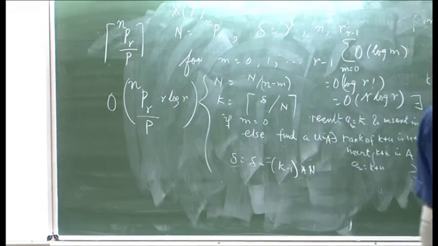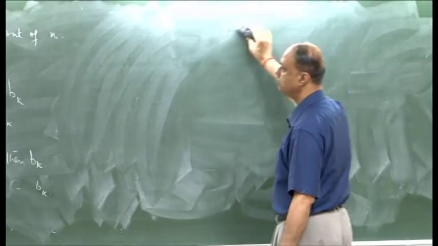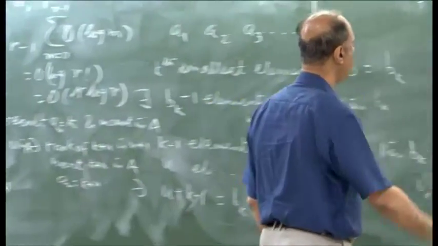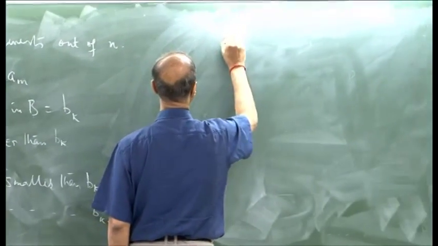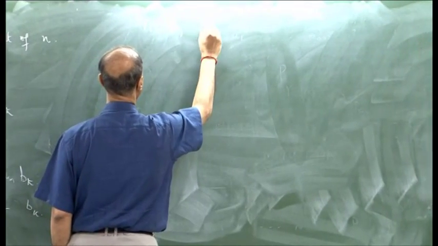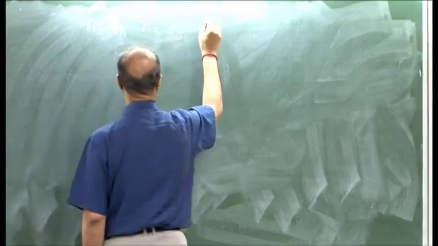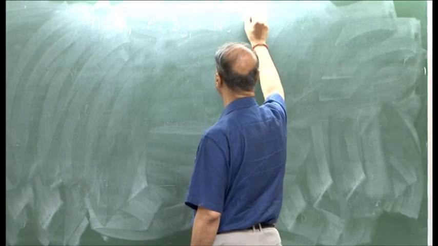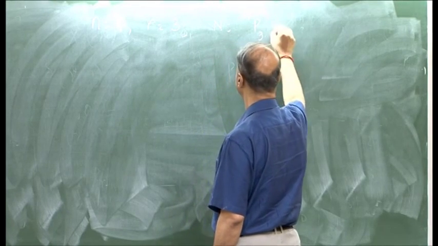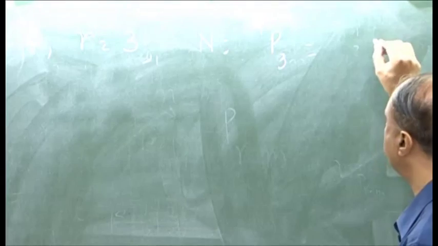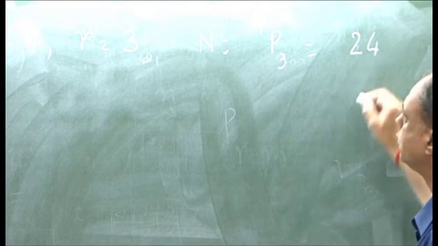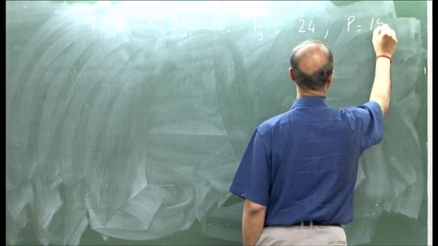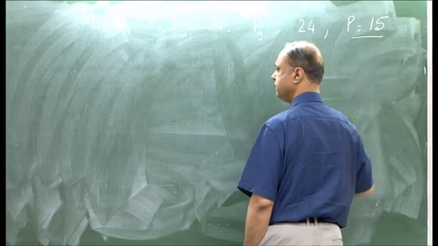Let us consider one example that will help you to understand. Suppose you have n equals 4, r equals 3. And what is your capital N? 4P3. It is 24, right? And let us assume that the number of processors P is equal to 50.